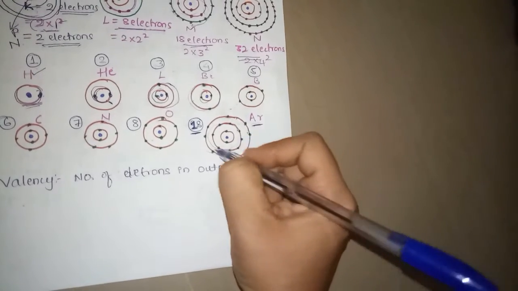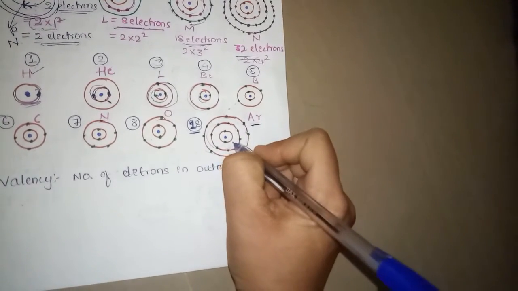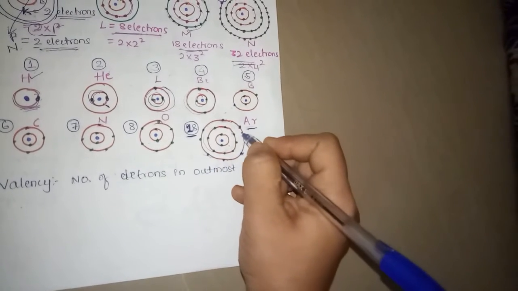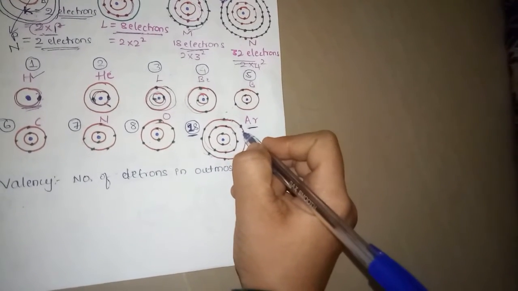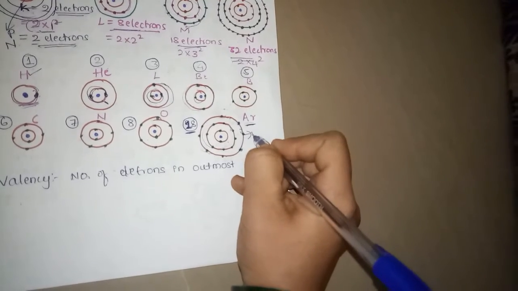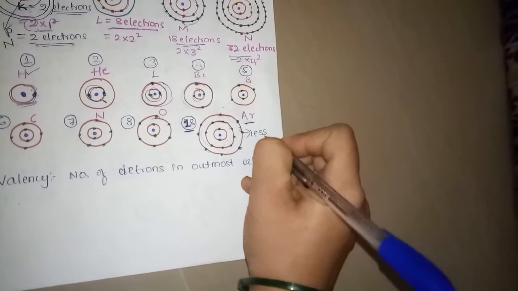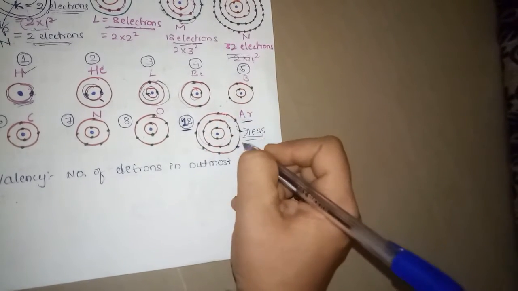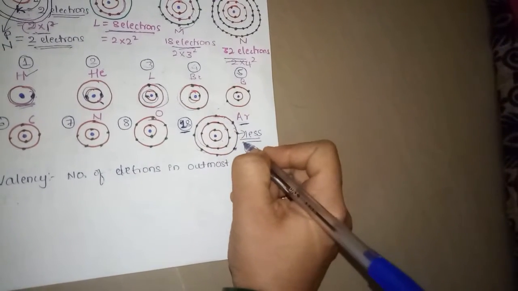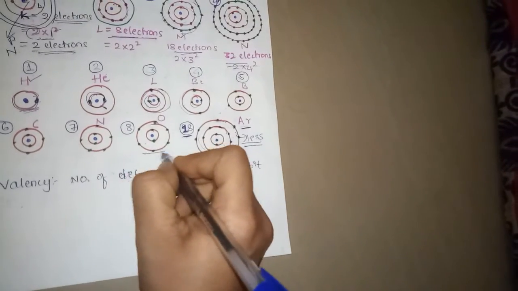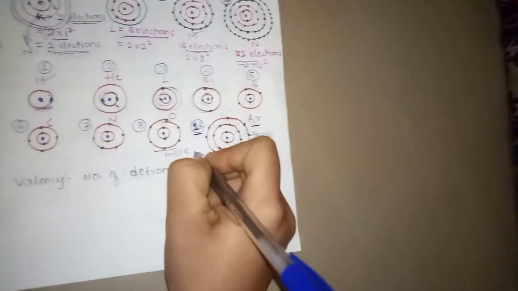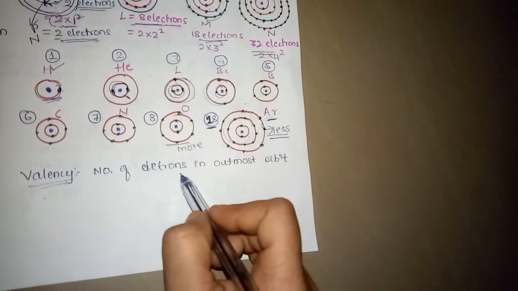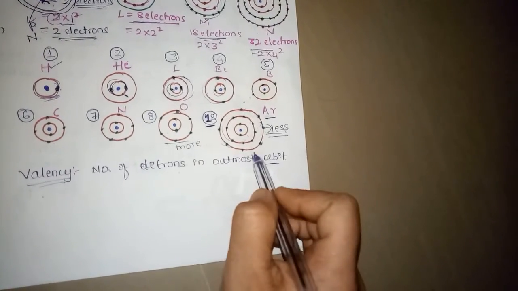That means it has 18 electrons, but it contains 8 electrons in the outermost orbit, which means it is very less reactive. So based on the electrons present in the outermost orbit, we can see which is less reactive or more reactive. That is called valency, where the number of electrons in the outermost orbit is calculated.